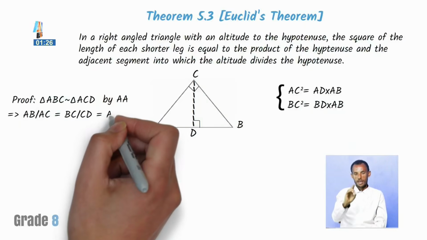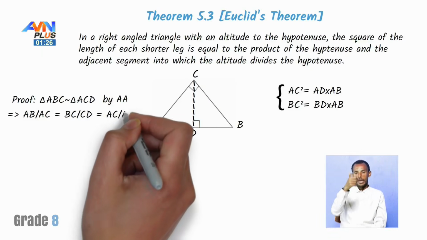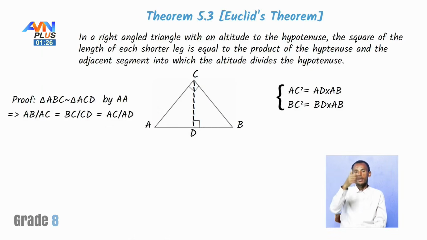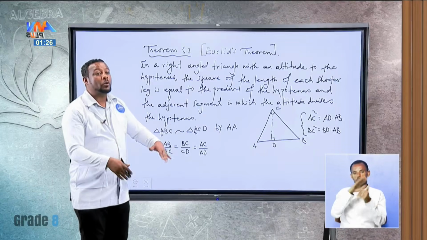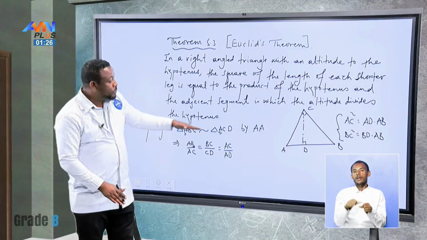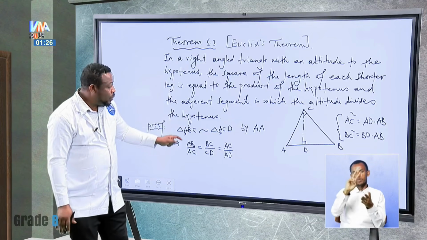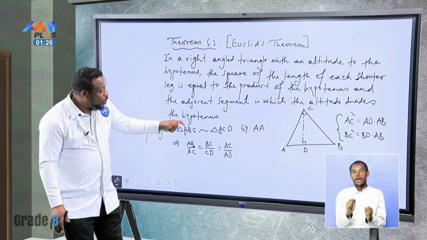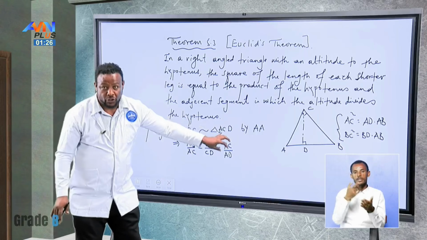All these ratios are proportional and constant. So by similarity of these two triangles, we can obtain these ratios.